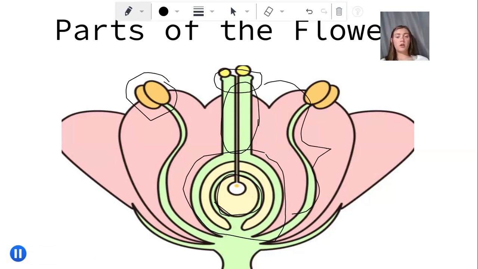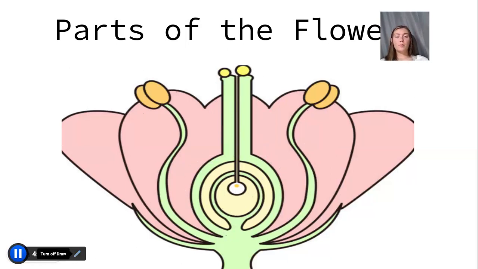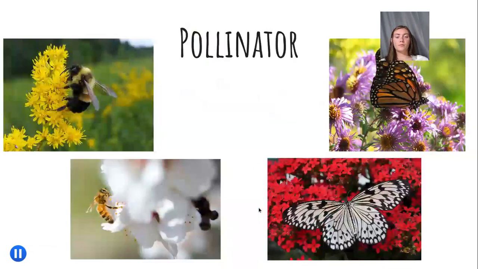And those are the different parts of the flower that we will be looking at today. The next part that we are going to look at is the pollinators themselves. Let's get there. The next thing we're going to look at is the pollinators. Pollinators are any types of things that take pollen from one flower and bring it to the next.